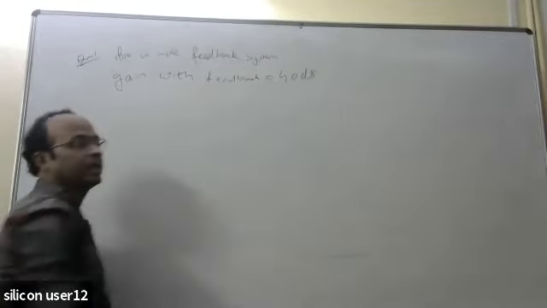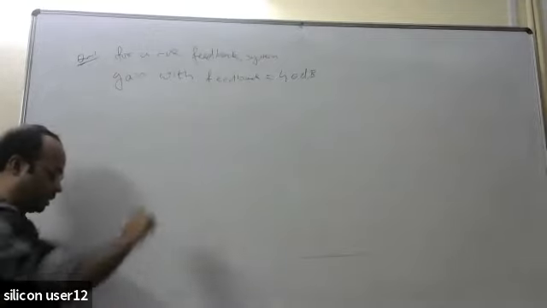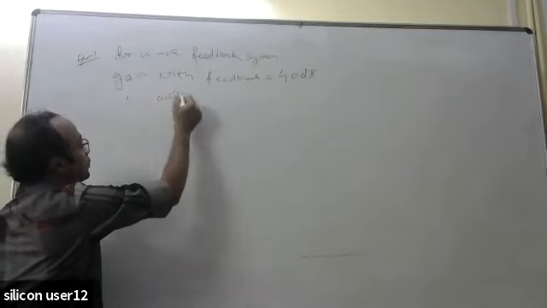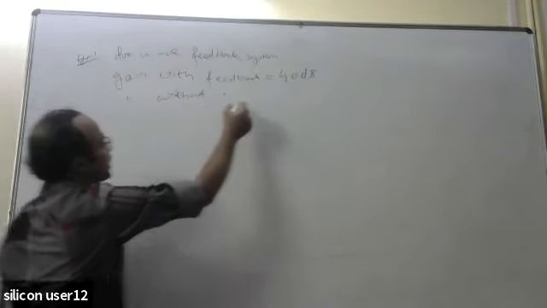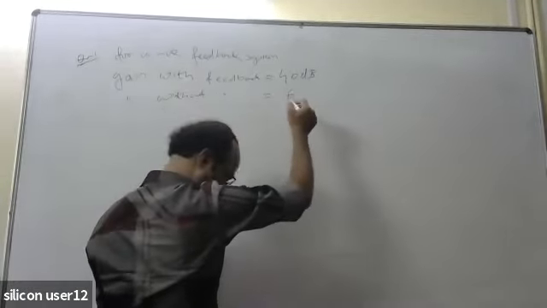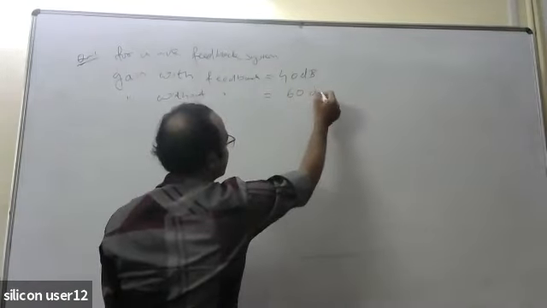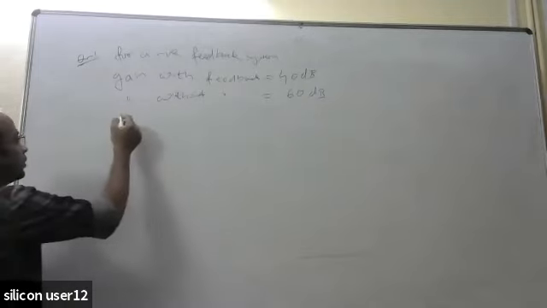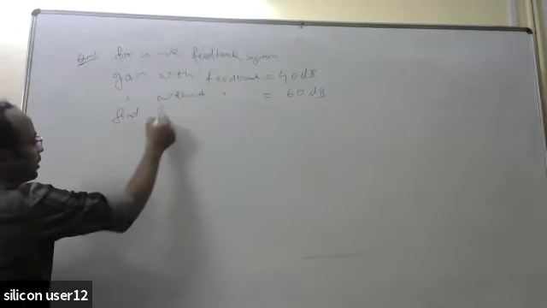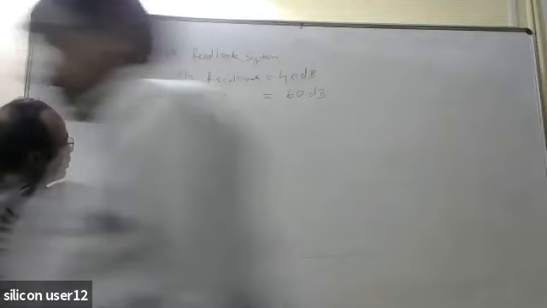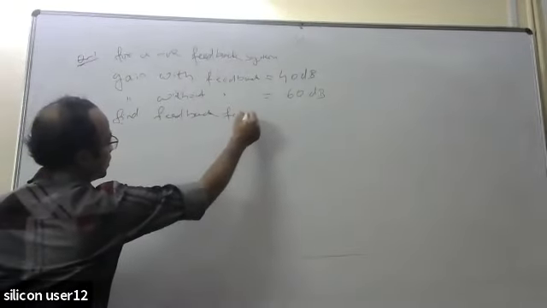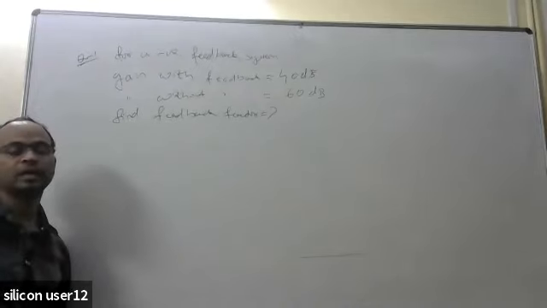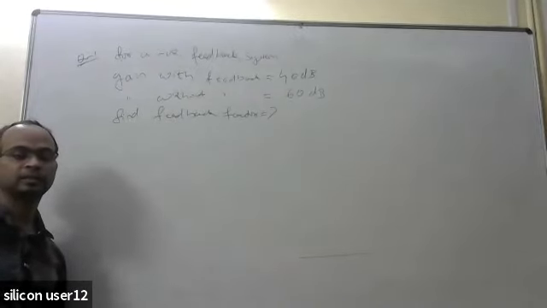Most of the time it is given in dB format. Find the feedback factor. That means we note what parameters are given and what is being asked.